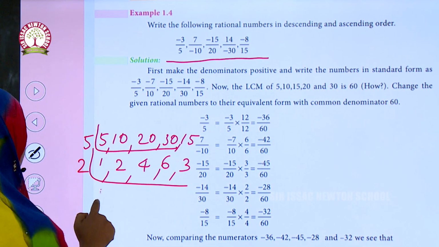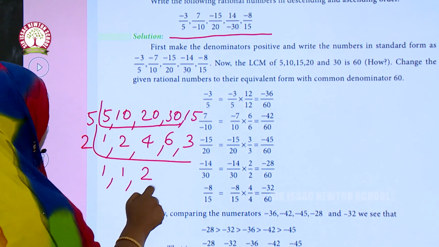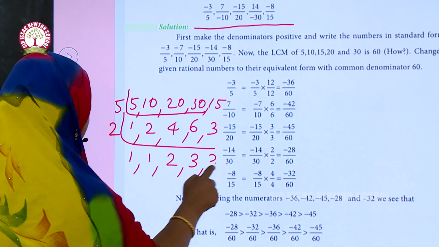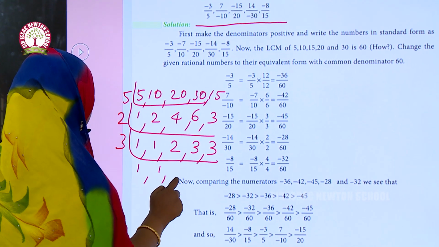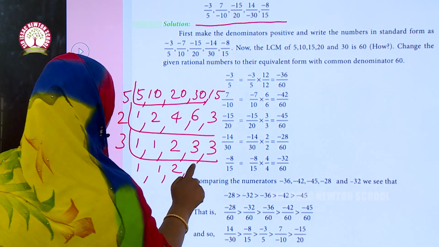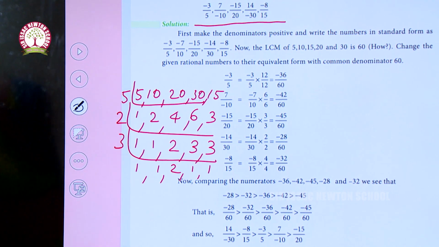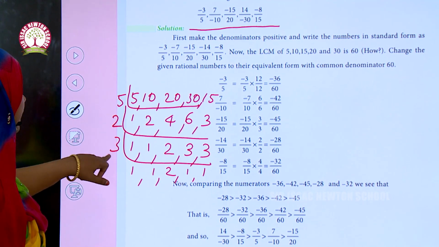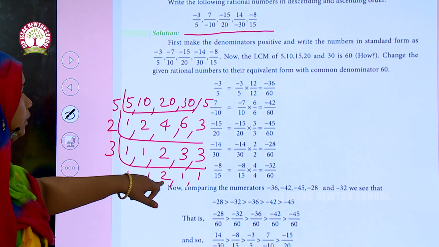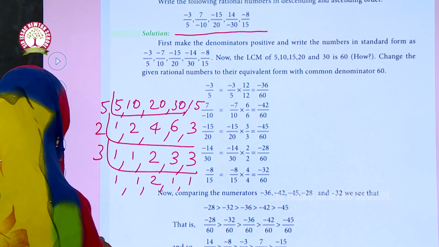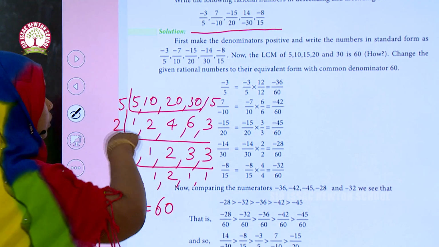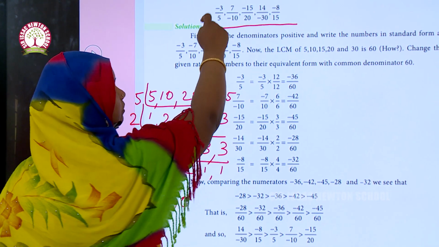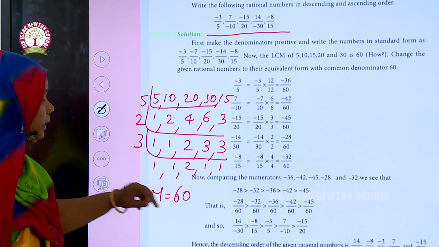Next, 2 1s are 2, 2 2s are 4, 2 3s are 6. So what is the LCM? 5 2s are 10, 10 3s are 30, 30 into 2 is 60. So the LCM is 60. Now the next step is to make all the denominators 60.